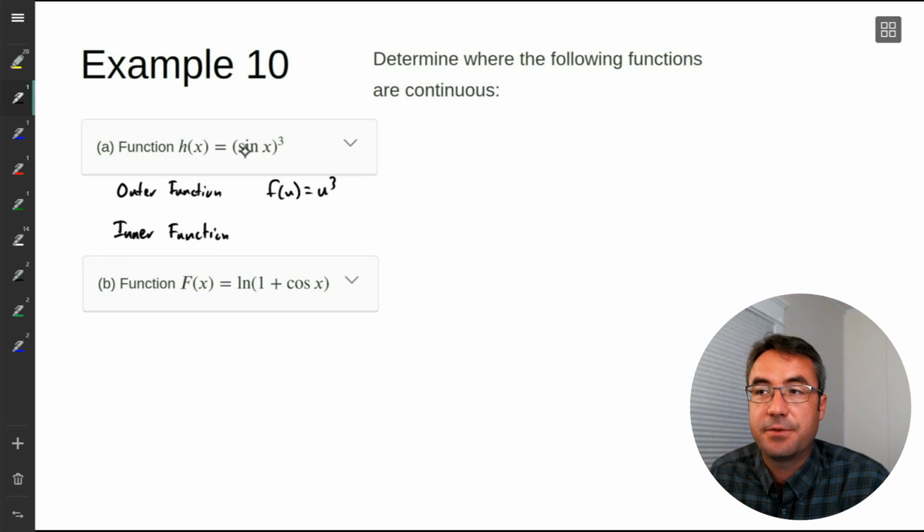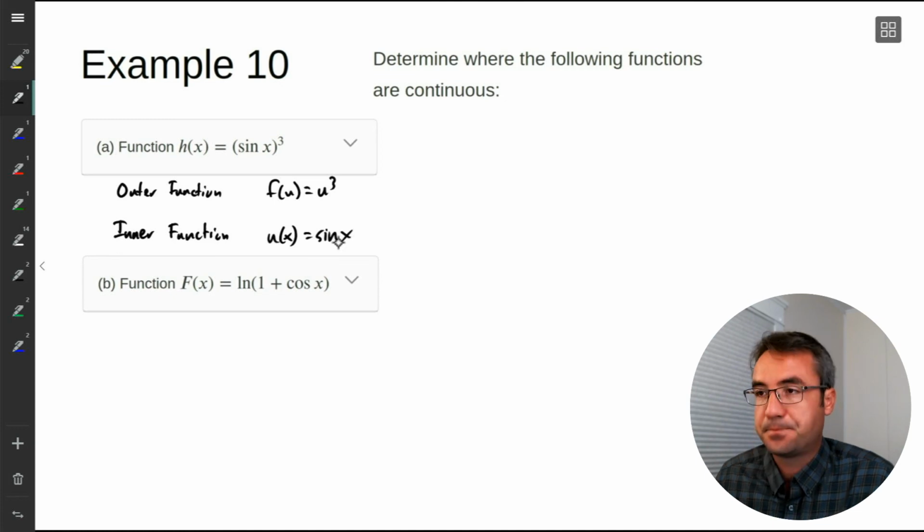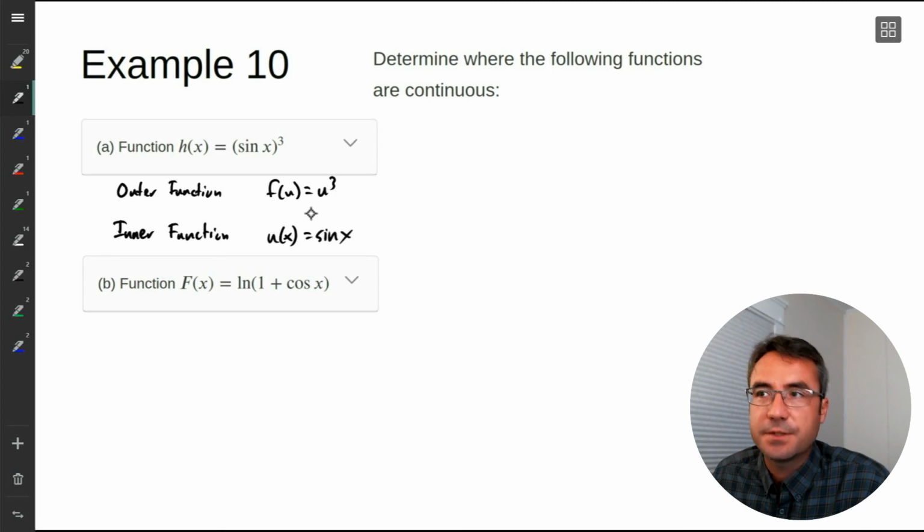When we plug x in, the very first thing that happens is it goes into the sine function. So we'll call that g of x, or u of x. It's going to be sine x. If we calculated f composed with u, we would take sine of x and plug it in for u here. We'd end up back where we are, sine of x cubed. So this is a helpful skill, being able to break apart a composite function into its outer function and inner function. And sometimes there's more than one way to do this.